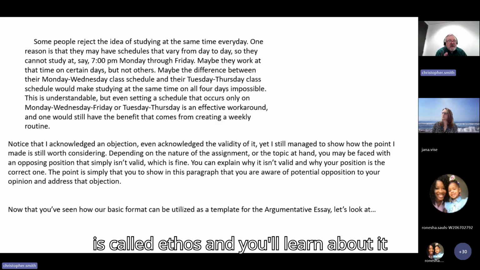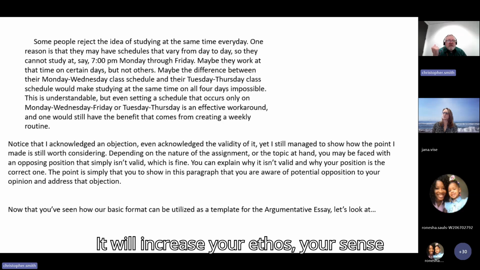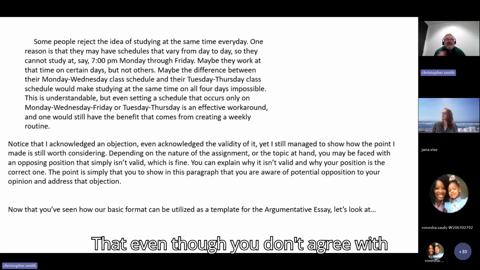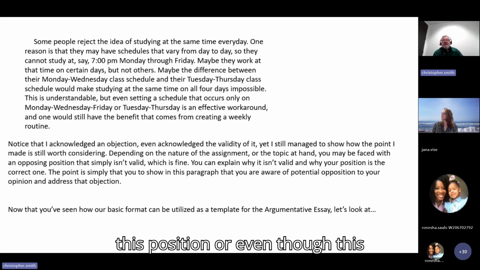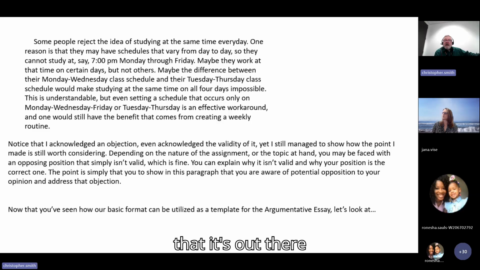This is called ethos, and you'll learn about it in your English classes. It will increase your ethos, your sense of trustworthiness. That even though you don't agree with this position, or even though this position is not tenable, you are aware that it's out there, and you can say affirmatively that alternate position is wrong.